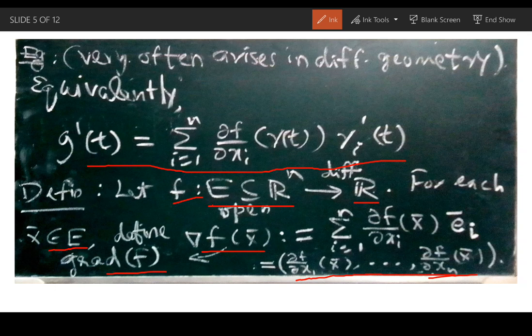Correspondingly, you have the linear combination notation. So what is that? Dou f by dou x1 at the point x into e1 plus etc. plus dou f by dou xn at the point x into en, where the ei's are the standard basis for Rn. This vector is called the gradient vector.